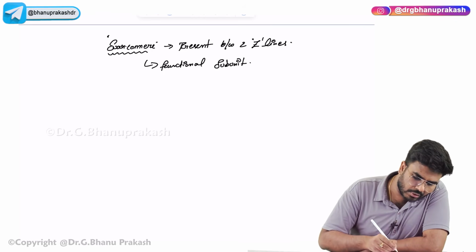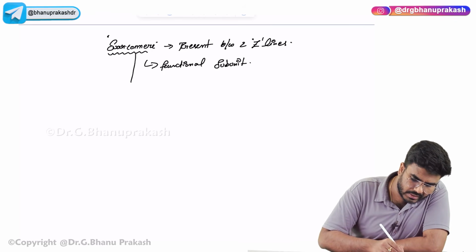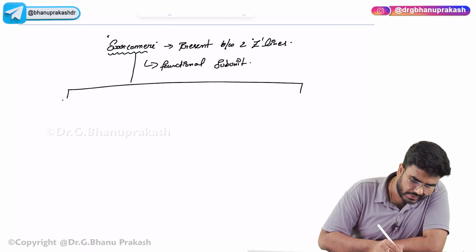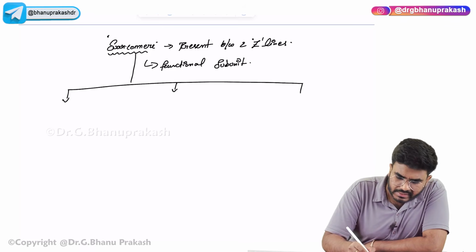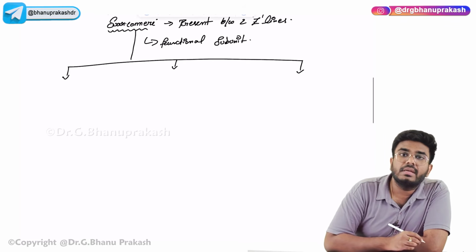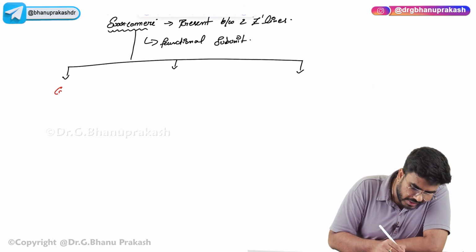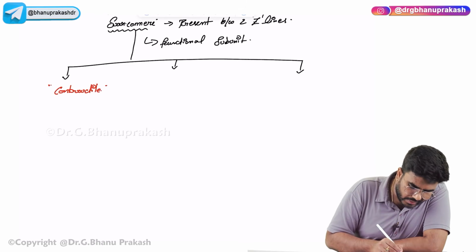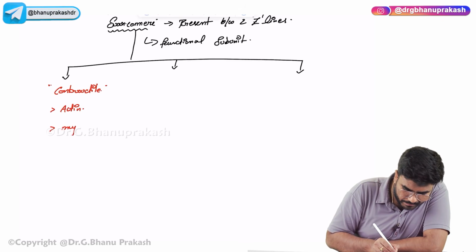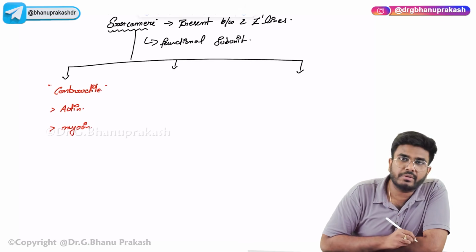Next important point: what exactly are there in the sarcomere? Look carefully. In the sarcomere, there are contractile proteins present. What are the examples? Actin and myosin.